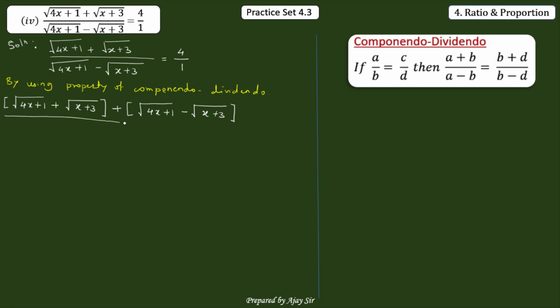Now for a minus b, this is 4x plus 1 plus root of x plus 3 minus the bracket of 4x plus 1 minus x plus 3. On the right hand side it is 4 plus 1 divided by 4 minus 1.